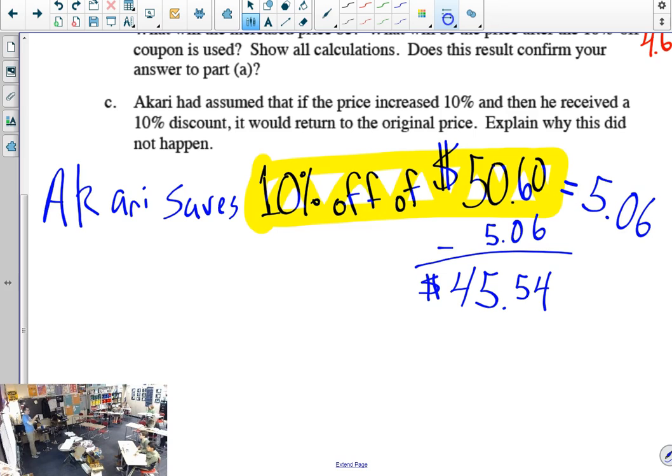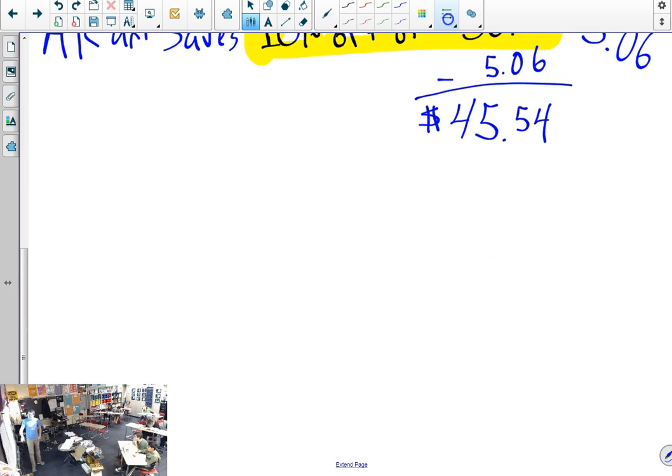So let's say the store decides to increase the price by 12%, but now I can't still take away 506, because now my whole amount would change. Don't write this down. I don't often say this.